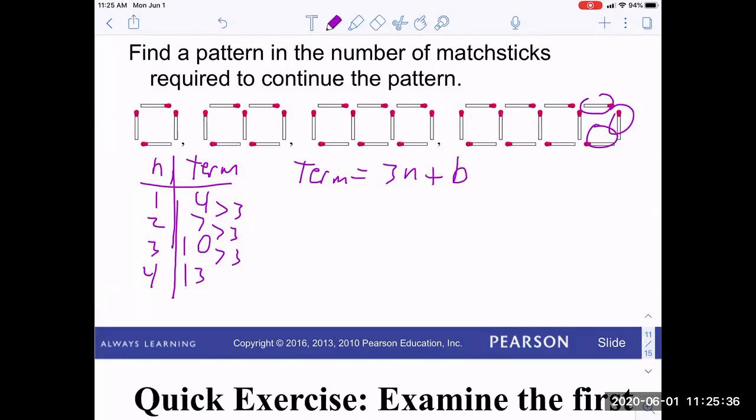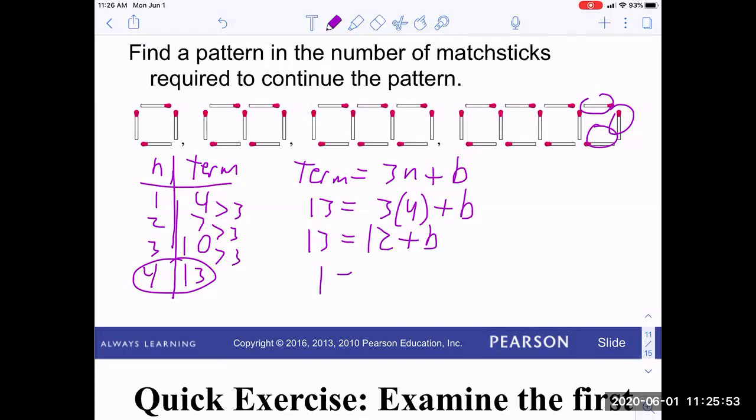I'll pick the last one again. My term is 13, is 3 times 4, that's my n, my step number, plus b. Looks like in this case, b is 1. So my formula, I'll use t for term, is 3 times the step number plus 1. And the thing that got me there was looking at the first order differences.